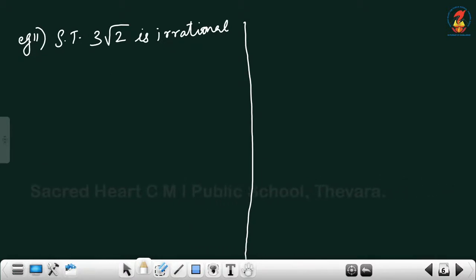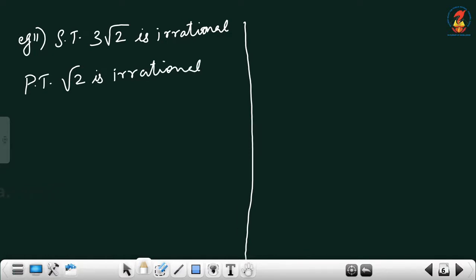Next is 3 root 2 is irrational. If this is a 3-mark question, first we should prove that root 2 is irrational. If 2 marks, no need to write this. Then start: let 3 root 2 be a rational number.